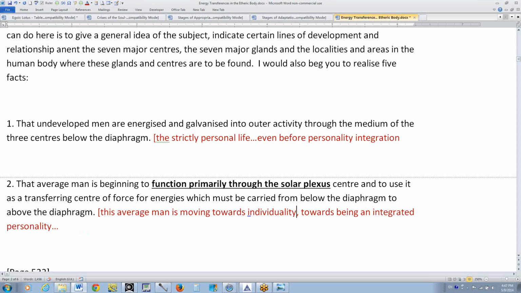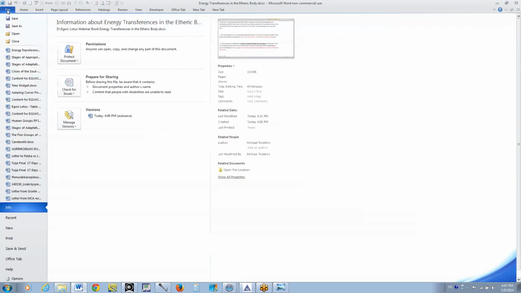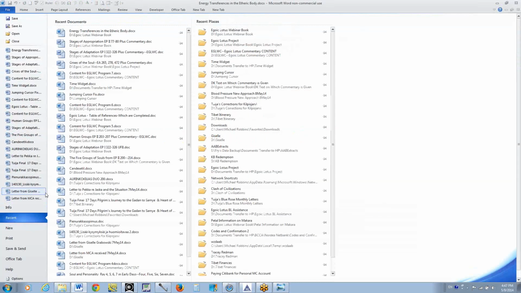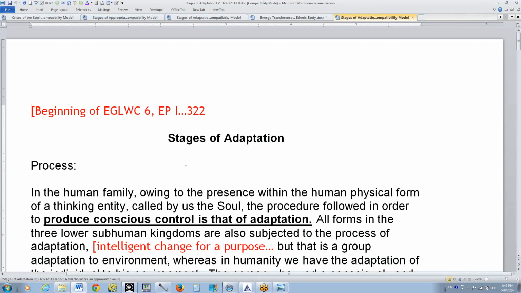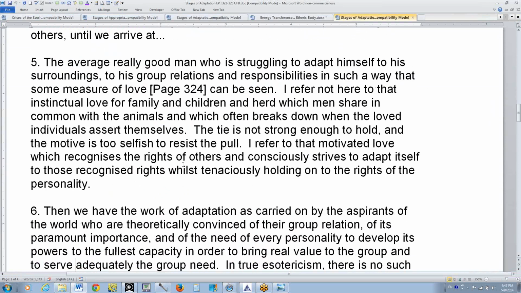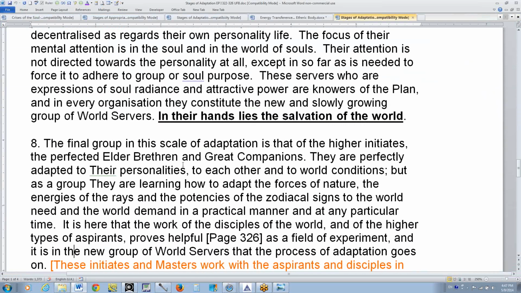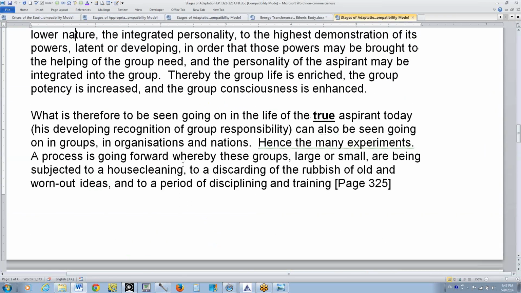And by the time we get to stage number 5, we are struggling. Let's see if I have this. I should have this recent. So Egoic Lotus webinar book and the stages of adaptation. And let's see, we'll run down here because this is not the one that's so filled in with so many references.